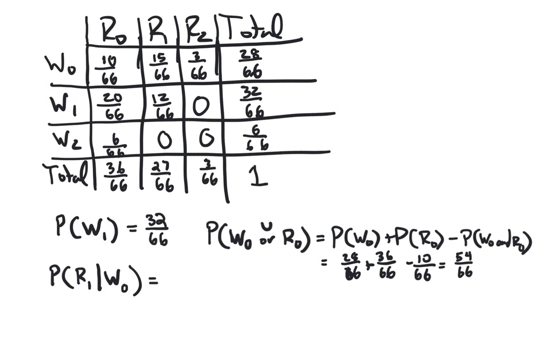So we're forgetting all of this. And our table is now, for this particular question, just this. So our denominator is going to be that. It's going to be 28 over 66. And our numerator is going to be 1 red. So it is this here, 15 out of 66.